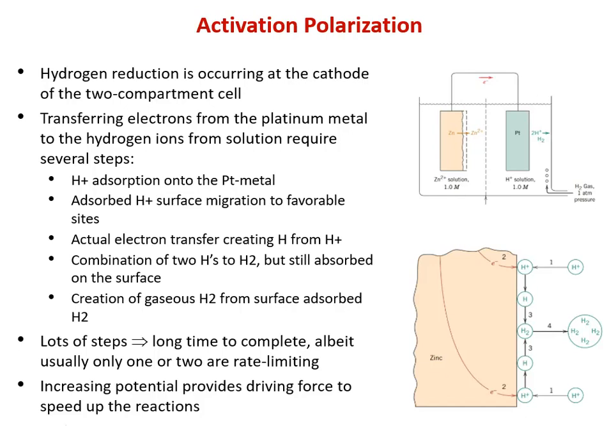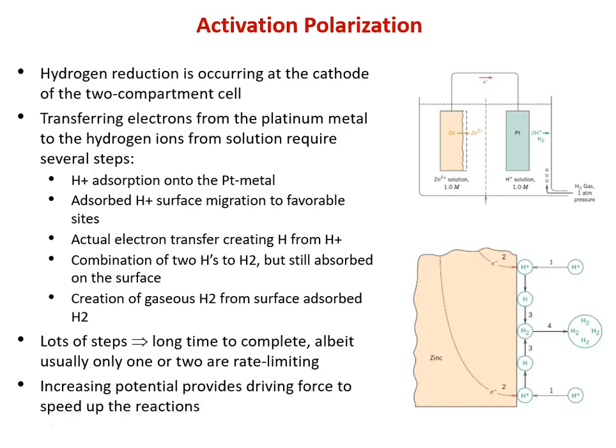Then now it's not H+, it's just H. It's monoatomic hydrogen. Well, that's not going to form a gas. You need 2 to form a gas. So we have to wait for that same sequence of 2 things to happen to another hydrogen ion. Then you have to combine them, still on the metal surface, to form diatomic hydrogen. Then you have to desorb it from the surface and make a little gas bubble.